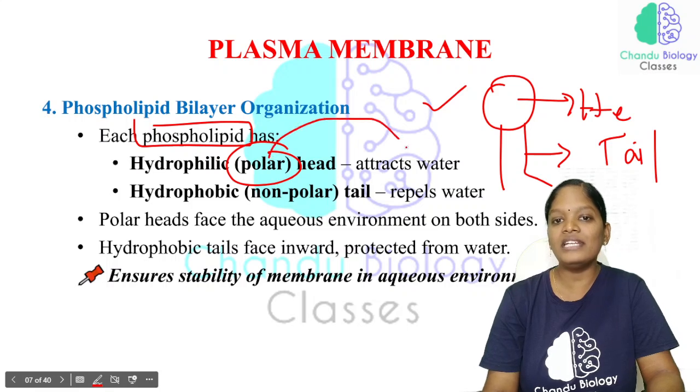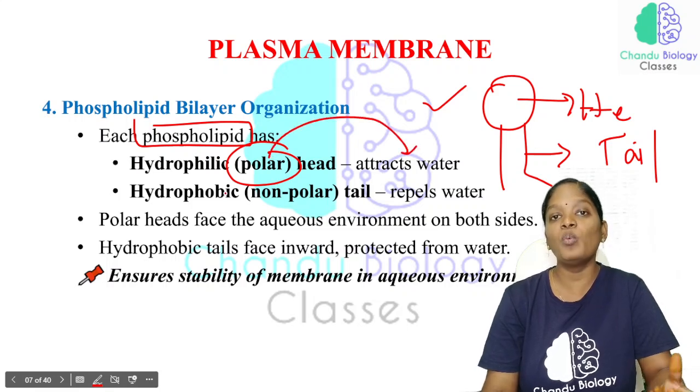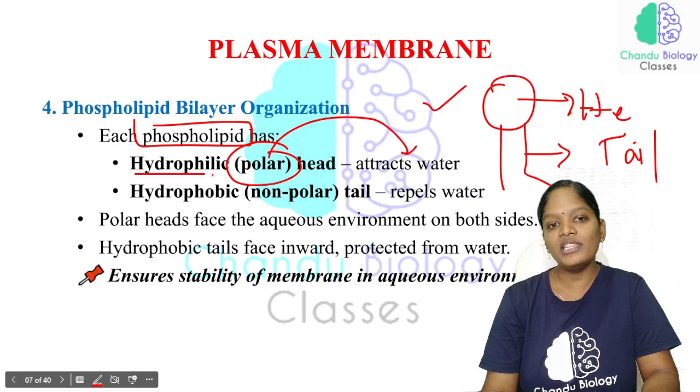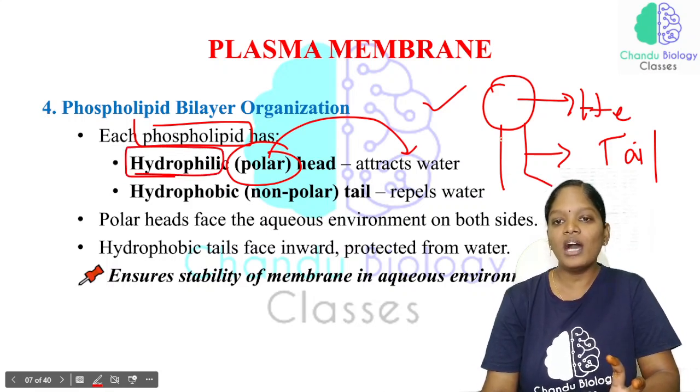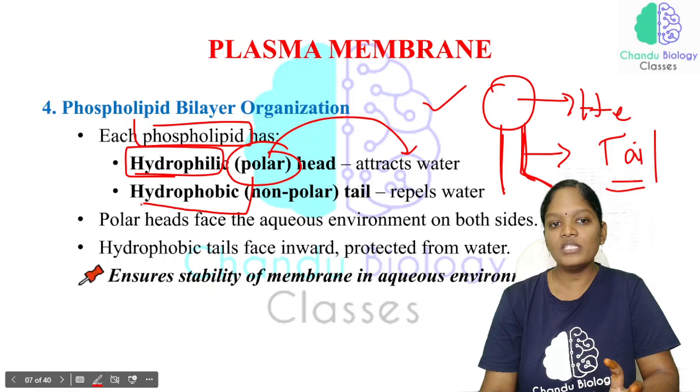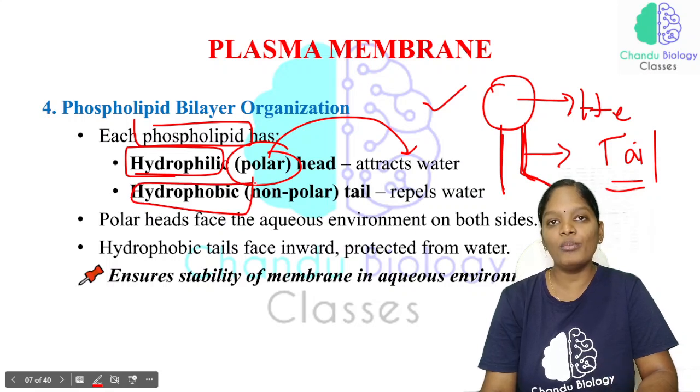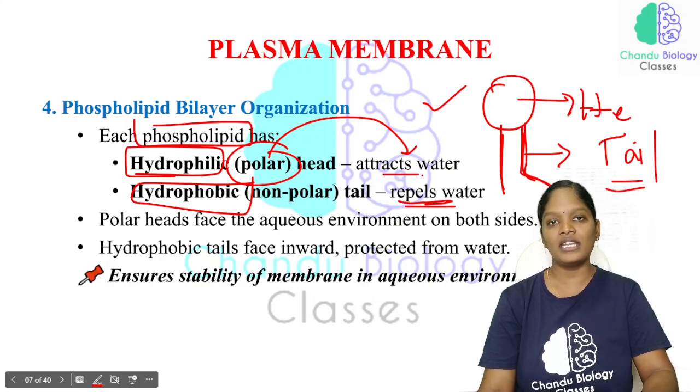Polar means it attracts water, so it is water loving, and we call this head hydrophilic. The tail region is called the non-polar tail region. We call this tail hydrophobic, as it is water hating; it repels water.